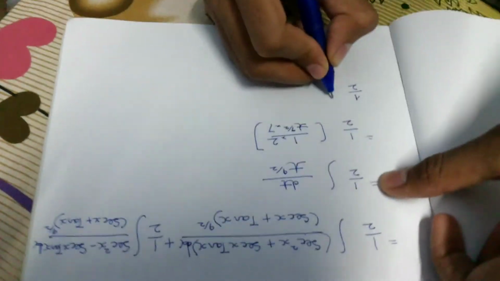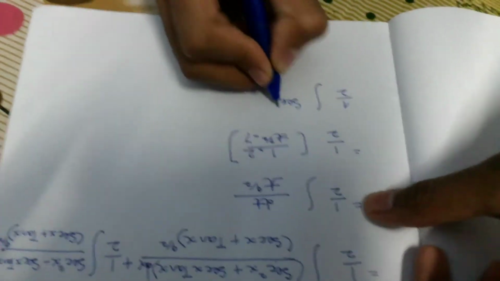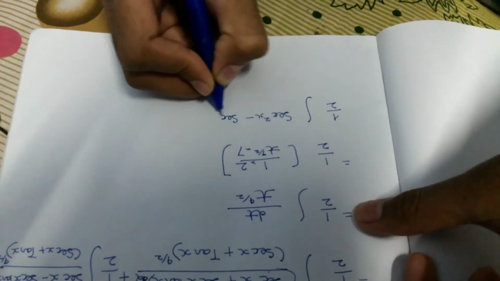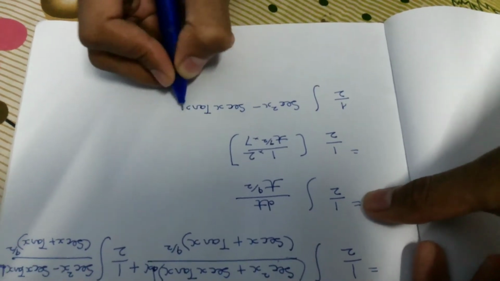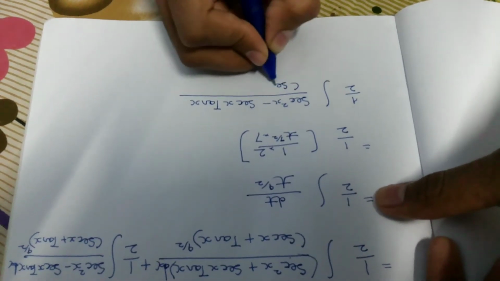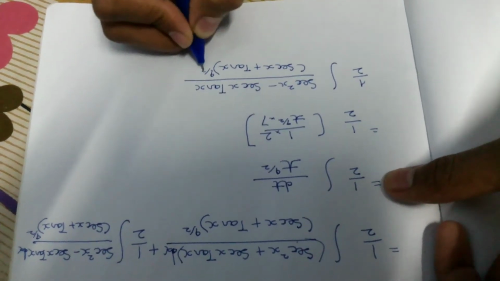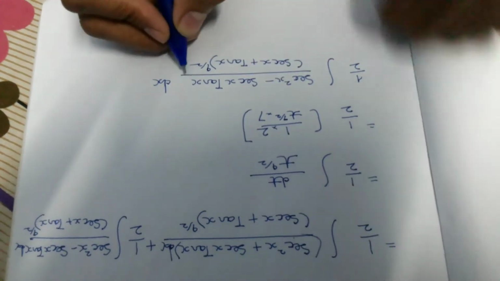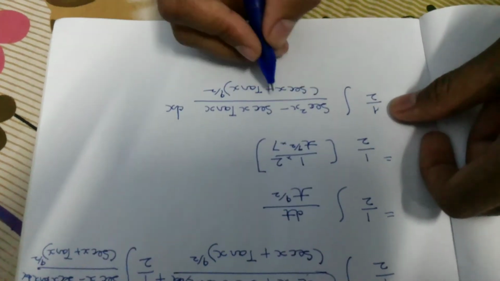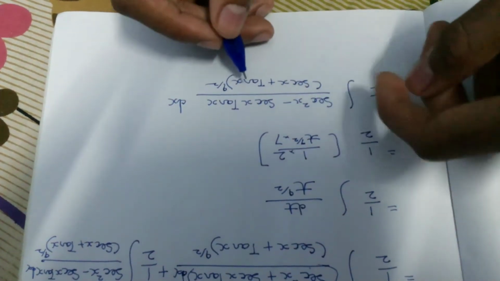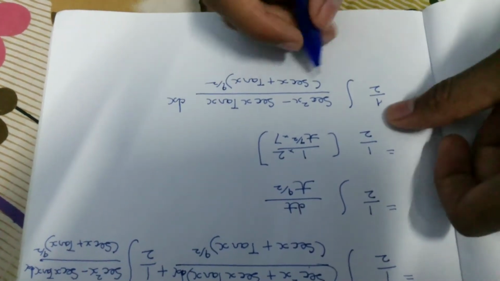Now the second term which we have over here, which is half of the integral of (secant square x minus secant x tan x) upon (secant x plus tan x) raised to 9 by 2. Now as we can see, the numerator is not in the form of its derivative or some power of that function.